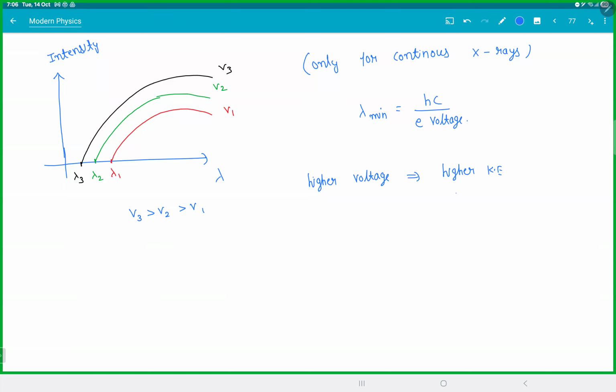If you have higher kinetic energy, you will collide more before stopping. And if you have more collisions, you have more photons. If you have more photons, more intensity. So if you operate your X-ray machine at a higher voltage, it produces more X-rays than a lower voltage X-ray machine.